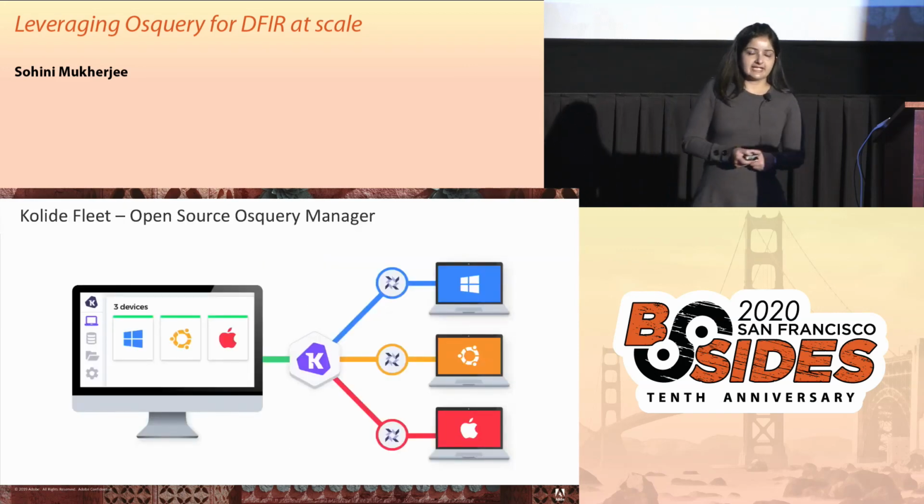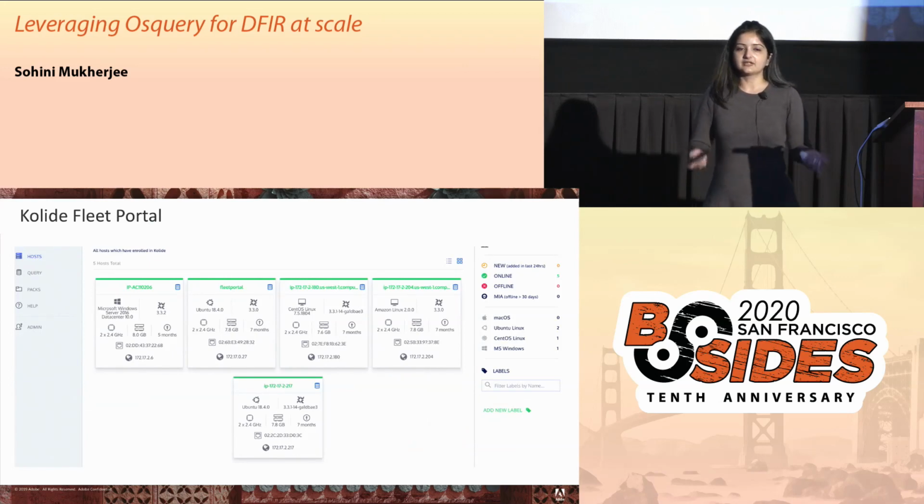Kolide Fleet is one such example of an open source Osquery manager or fleet manager, which serves both as a TLS endpoint as well as a UI. And this is how the portal looks, where you can see a few of my systems have checked in, and you can also deploy your query packs via this portal and run them across your environment.